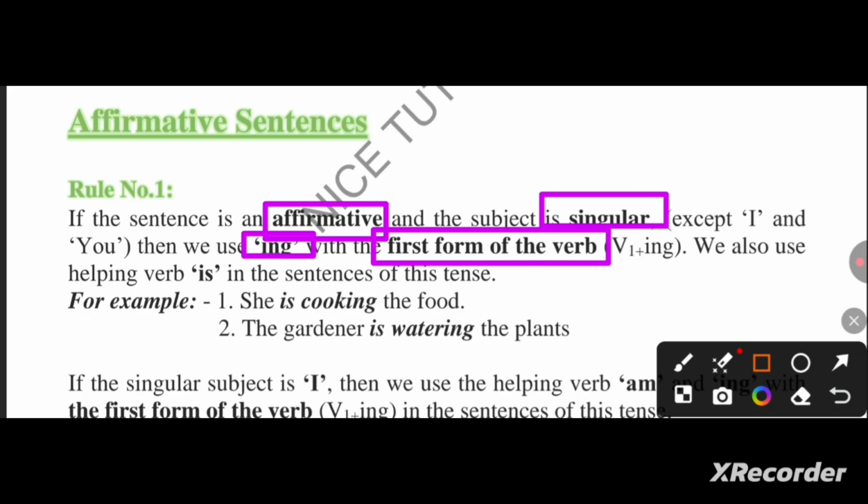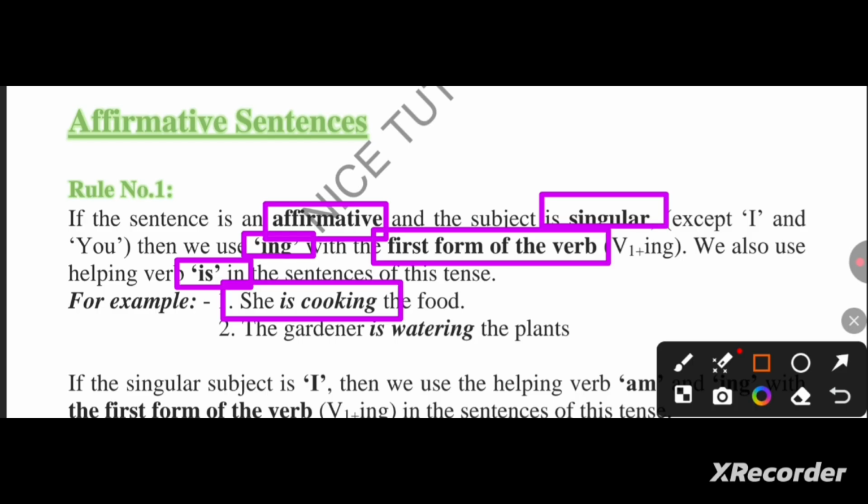Here a helping verb is used for the singular subject. For example, she is cooking. Here we have used ing with the first form of the verb because the subject is singular, and we have used the helping verb is.